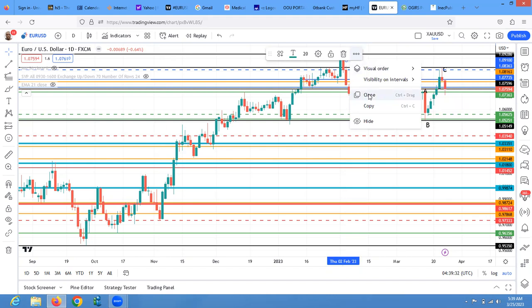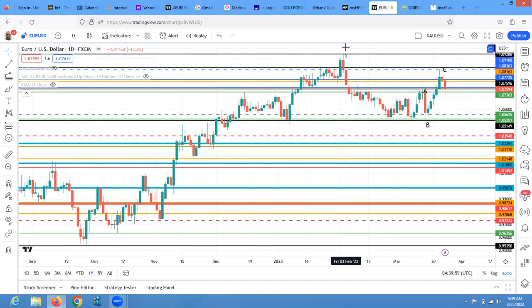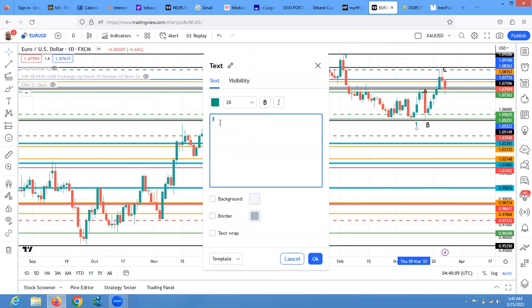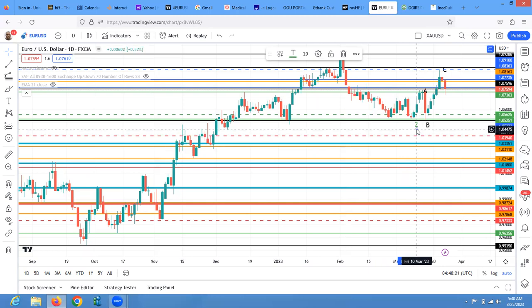And this may be a wave 2. This may be a wave 2, which stalled here.